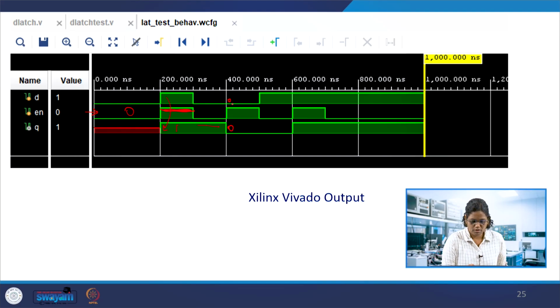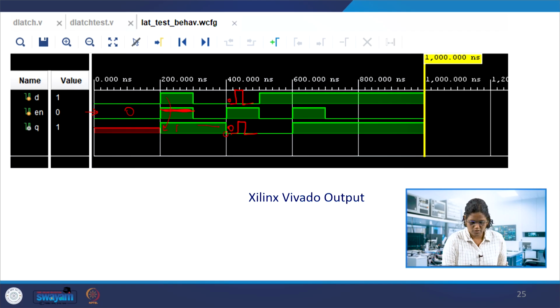If we change this input over here to 1, for example, that would have been reflected here as 1 as well, whatever the change in the enable. Right now this is not changing, so it's maintaining 0, and the data is changing over here, and that is not reflected, because this is not changing during level 1 of the enable.